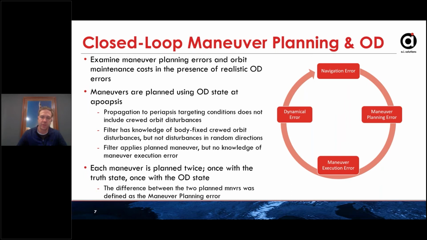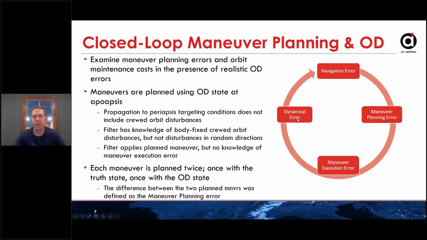The other aspect that I think is really important for very high fidelity navigation analyses is having closed loop maneuver planning and orbit determination. Anytime you actually fly a mission, you have this cycle that I've diagrammed on the right that is continually happening. Your spacecraft is flying.